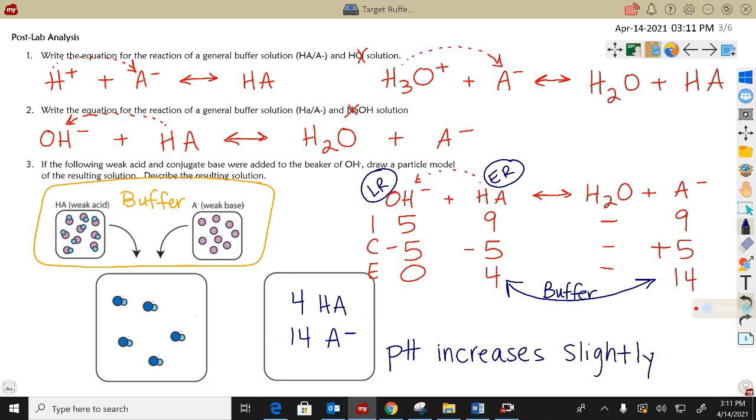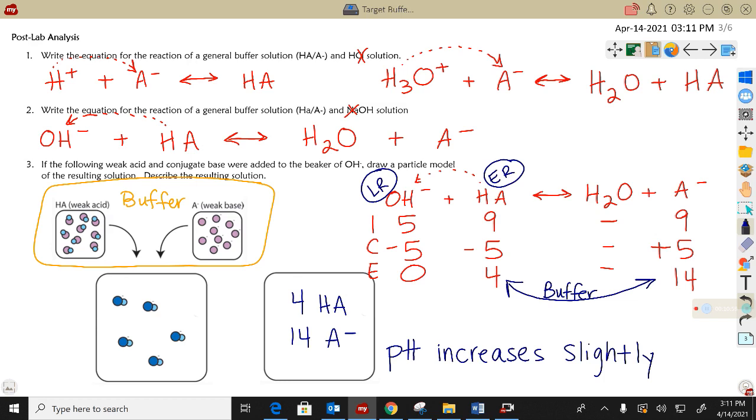Now, if this were a real solution, let's say it was the acetic acid and acetate buffer, then I would have a Ka, and I would do this ice table and use the Henderson-Hasselbalch equation with those final concentrations as my new ratio of acid to conjugate base.